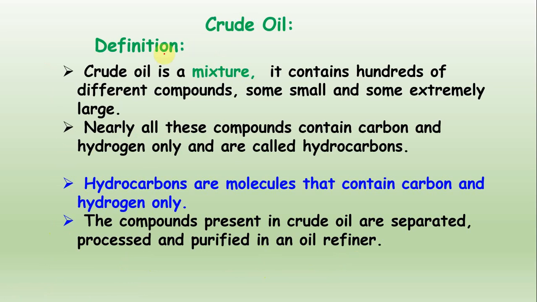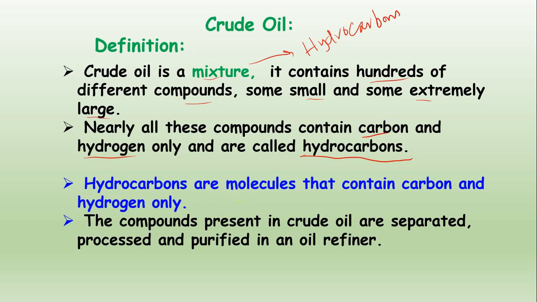Yes, crude oil is a mixture. It contains hundreds of different compounds, some small and some extremely large, and it is basically a mixture of hydrocarbons, organic compounds. Nearly all these compounds contain carbon and hydrogen, which are called hydrocarbons.